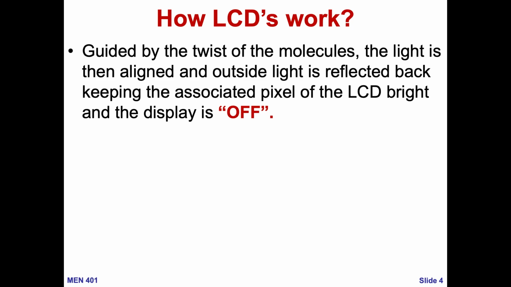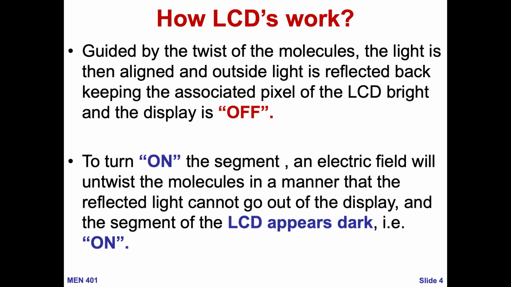So the pixel is off, but in fact it is bright because it is reflecting the light from the outside world. When there is current passing through, these liquid crystals will be untwisted. Therefore, the light will not be reflected anymore and cannot go out of the display. So I can say that this pixel is on, therefore it is dark.